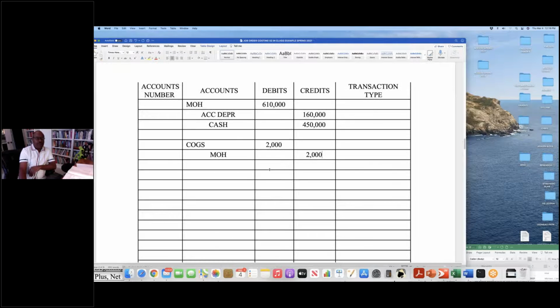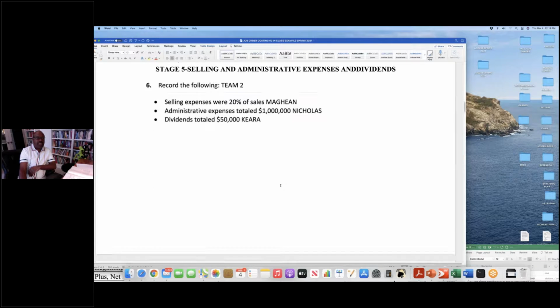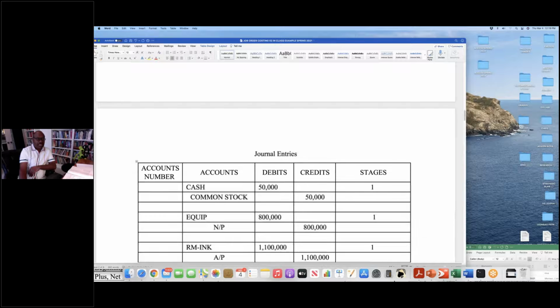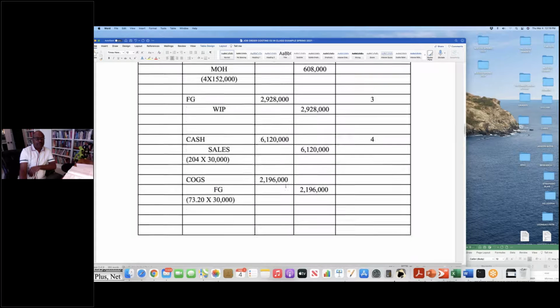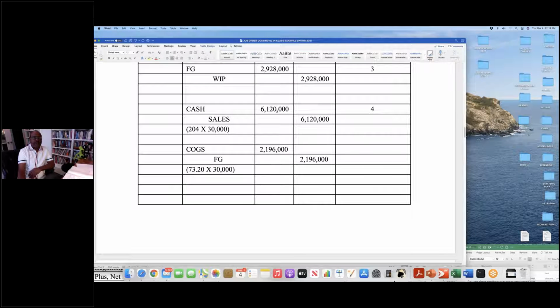All right, let's put these administrative expenses in here, selling and administrative expenses. What's our selling expense going to be? Okay, well, it was supposed to be 1,224,000. Because we said the selling expense was 20% of sales, right?